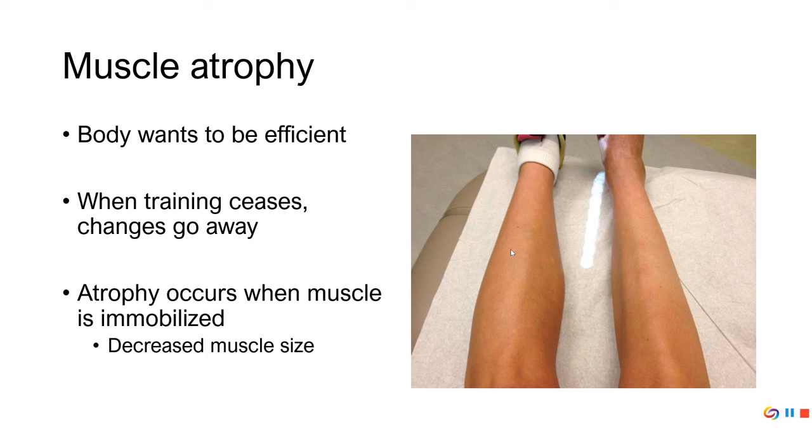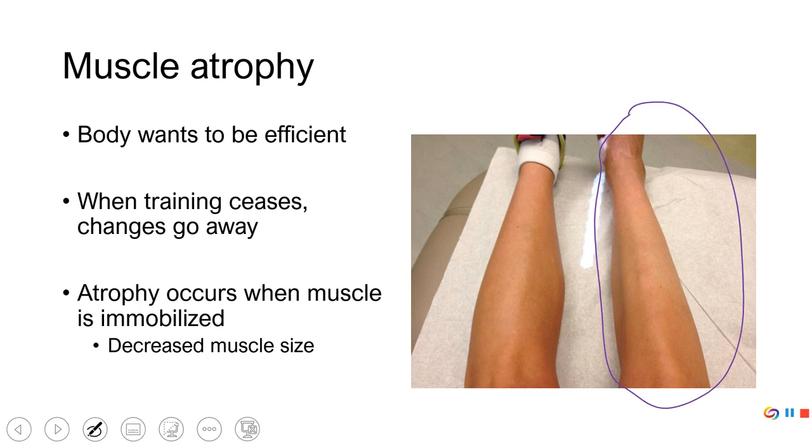A frequent way to see this is if someone breaks a leg, right? And that's not a good thing. We don't want anybody to break a leg. But you can see here on the right side, this leg is much skinnier, with less muscle mass than the one on the left. This is likely due to the fact that this person, I don't know, this is just a picture I found, but if they had broken their right leg and been in a cast, they're not going to be able to use those muscles, and as a result, atrophy occurs.